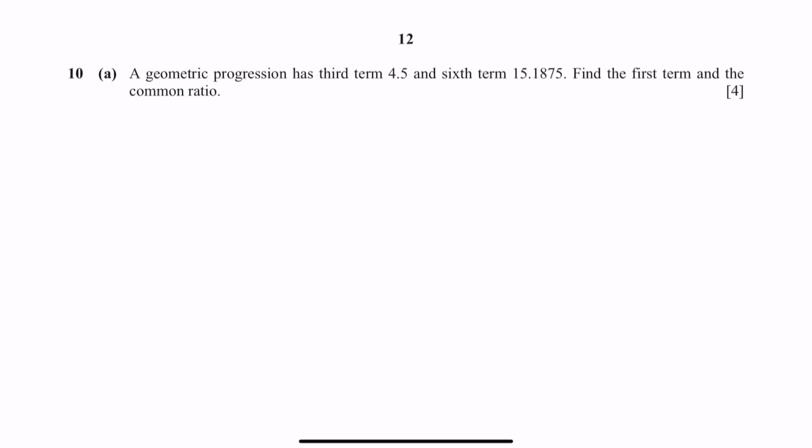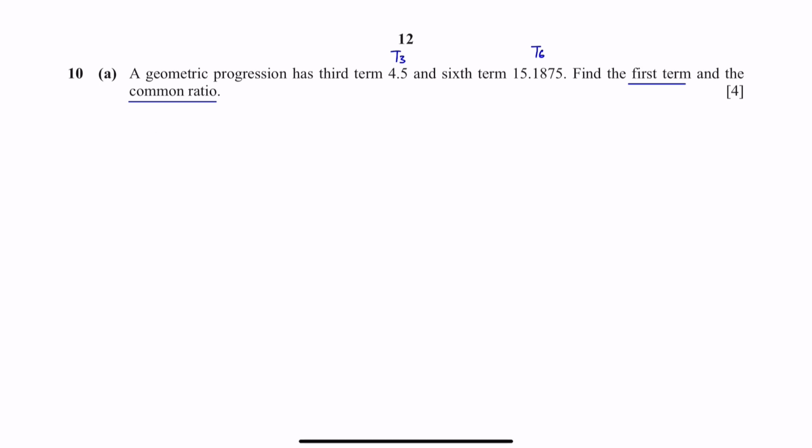Question 10a. A geometric progression has third term 4.5, so this is T3, and sixth term 15.1875, so this would be T6. Find the first term and the common ratio. So we can list down the equations that we have.